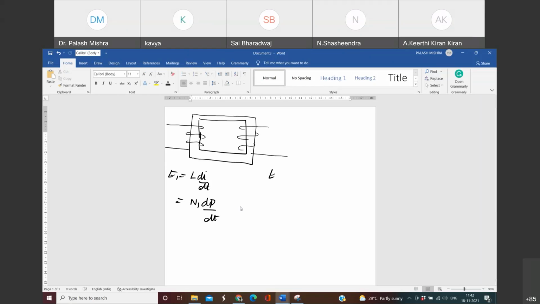Similarly, there will be an induced EMF E2 in the secondary coil, which will be equal to M times di1 by dt. Okay, and this will also be equal to N2 times d phi m by dt.